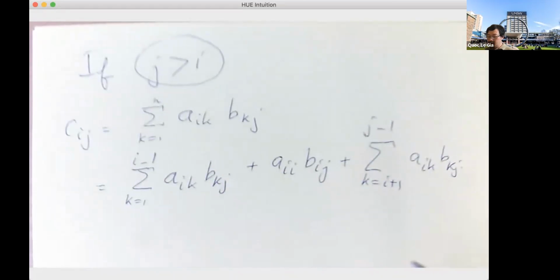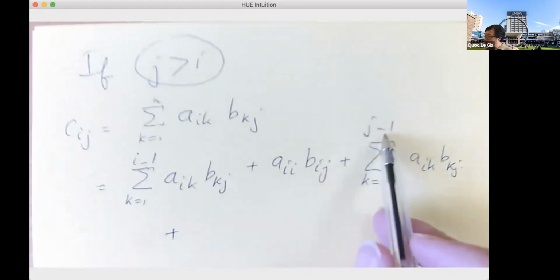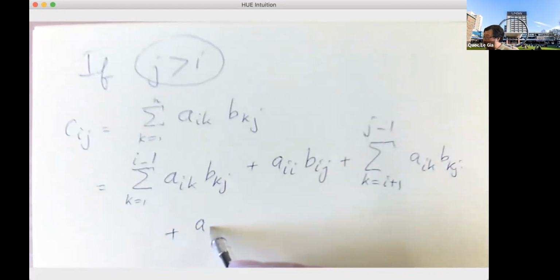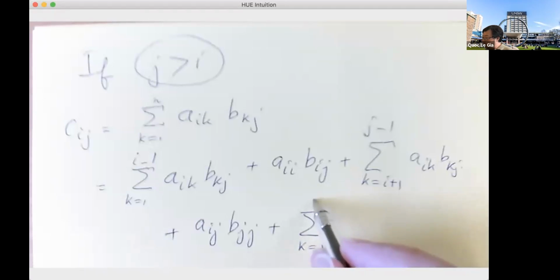And now plus, remember I stop at j minus 1, so now I have Aij, then Bjj. Now I run again for the last term, so k equals j plus 1 to n, Aik, Bkj.